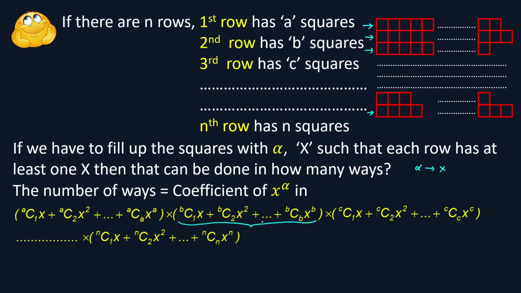And the total number of ways in which this alpha x can be placed in this grid such that no row remains empty, that is, at least one x is there in each row, will be simply the coefficient of x to the power alpha in this expansion. I hope it is clear to all of you, right?